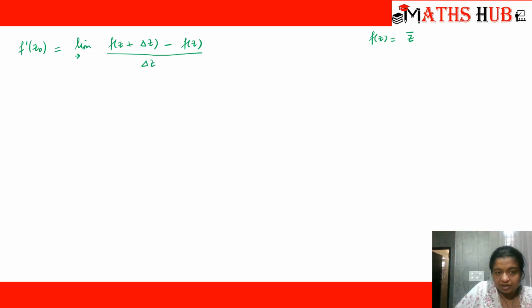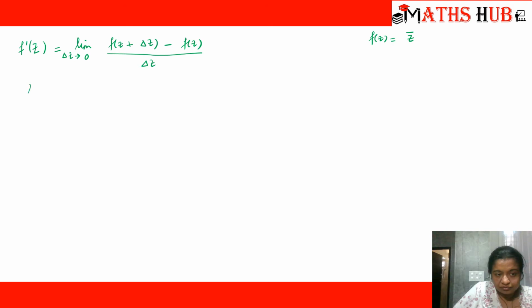For differentiability, we have to apply this definition. f dash z naught is equal to limit delta z approaches 0, f of z plus delta z minus f of z divided by delta z. This is the definition of f dash z, right? So let us apply this definition.